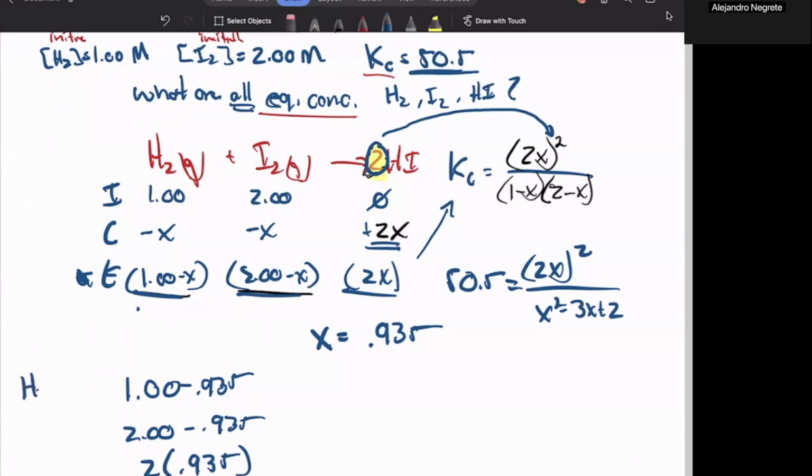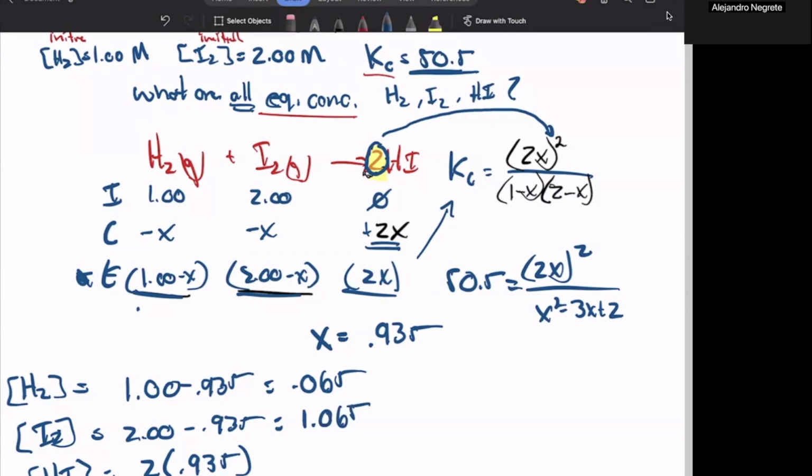So the concentration of H2 equal to this, the concentration of I2 is equal to this, and the equilibrium concentration of HI is equal to this. So this is going to be equal to 0.065, then 1.065, and then this is going to be equal to 1.87. So these are going to be the equilibrium concentrations.